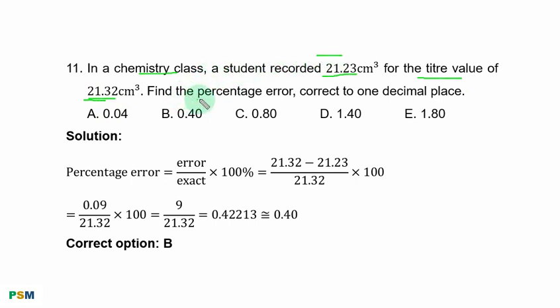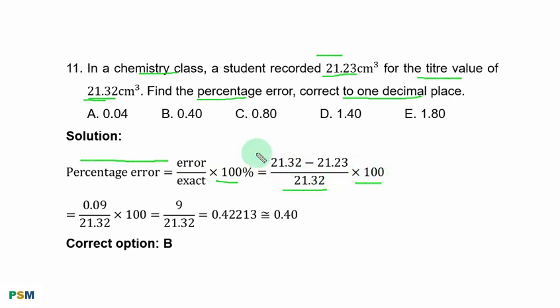Find the percentage error correct to 1 decimal place. Solution: percentage error is equal to error over exact times 100%. The error is the difference between the two readings over the actual reading times 100.